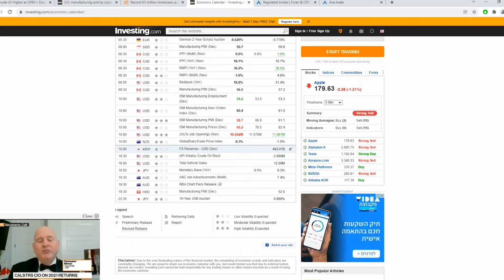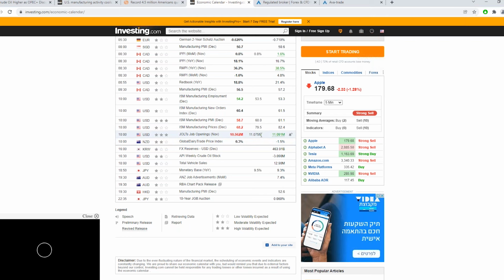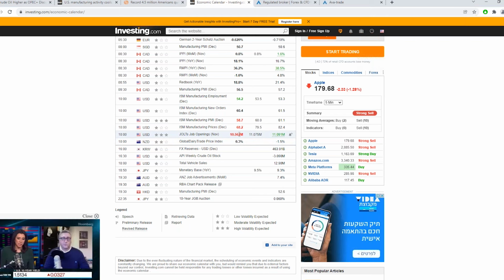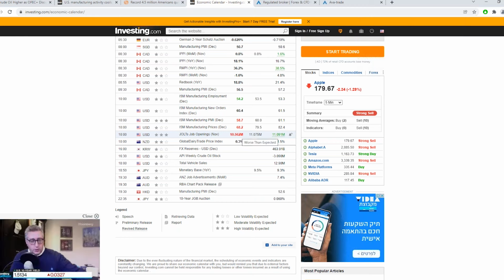And then these numbers are concerning. Maybe the fact that 4.5 million Americans, the headline said, quit jobs, and you see job openings were about 500,000 lower than expected. So there's an undershoot of available jobs, 500,000 lower than expected, and this huge number of people quitting jobs at the same time.